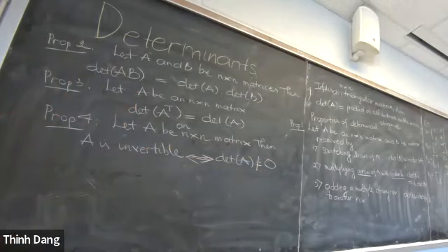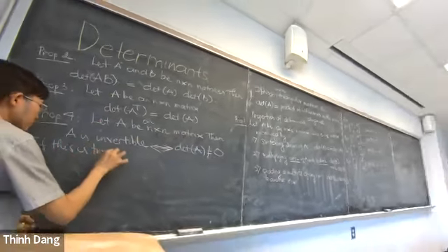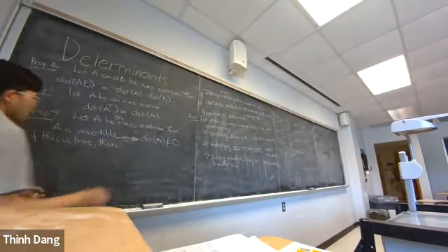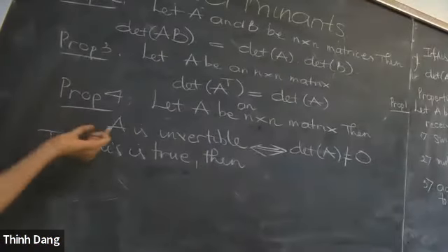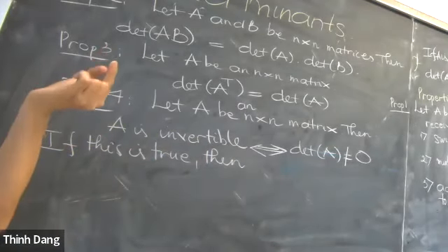So in this case, if this is true, then if A is invertible, you would be able to construct the inverse of A, A to the power of -1.